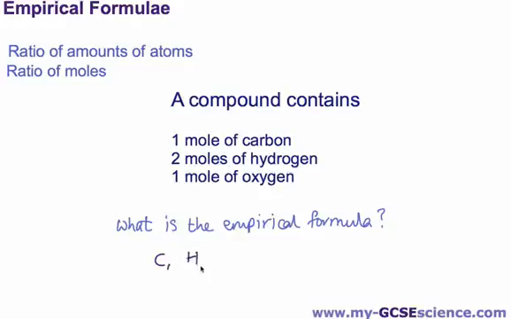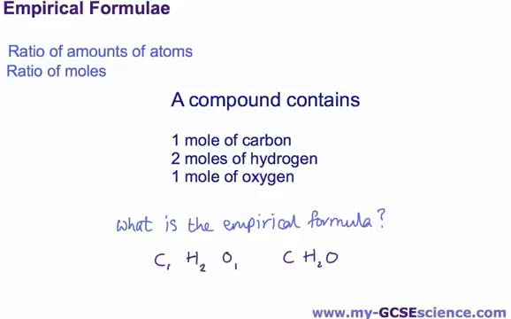Hydrogen, we have 2 moles, and oxygen, we have 1. So we can actually write this out as CH2O. We don't write out the 1s there. So that's the empirical formula for this substance here. All we've done is we've looked at the moles of each of our elements and written it in the simplest ratio, 1 to 2 to 1, and there's the answer.